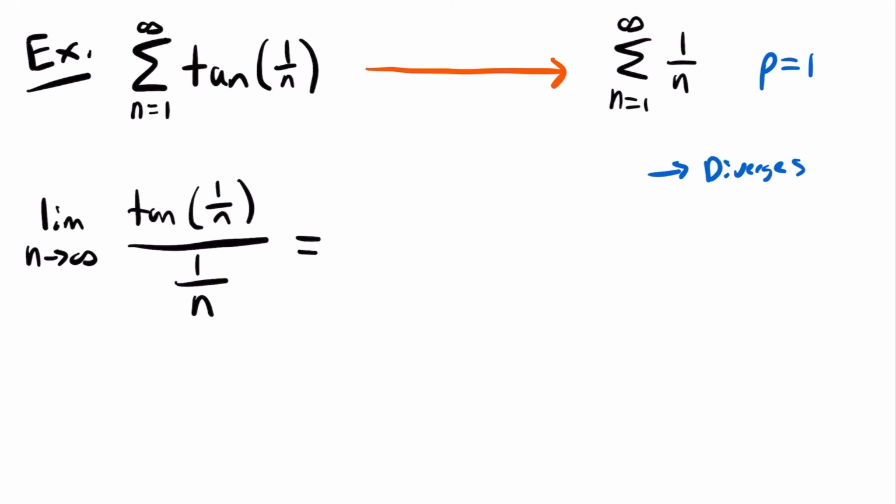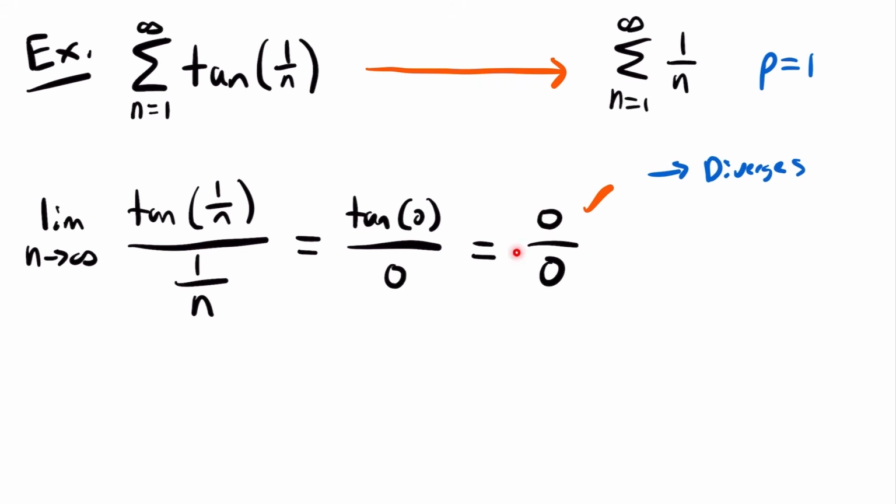And so in the numerator, we have tangent of 0 divided by 1 divided by n, which will also approach 0. And so we have tangent 0 divided by 0, and tangent of 0 is equal to 0. So we have 0 divided by 0, which is an indeterminate form for a limit.